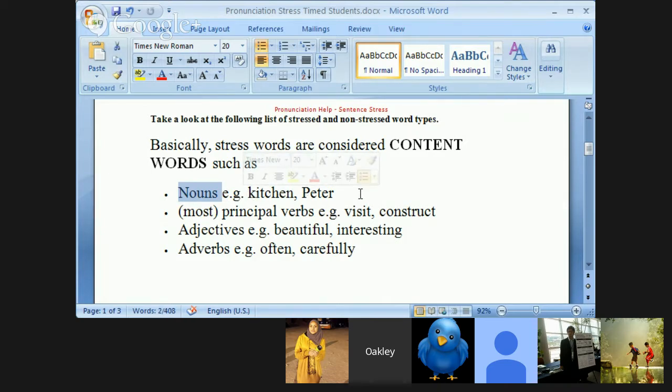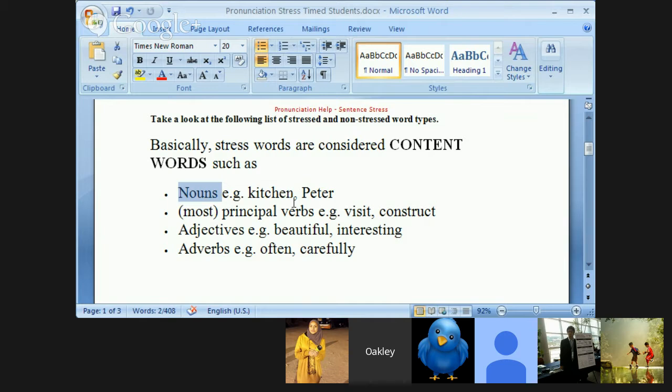Okay, fine. Let's test our English knowledge a little bit here. Okay, Nader, what are nouns? Can you define nouns? Nouns may be names or objects. Objects, okay.